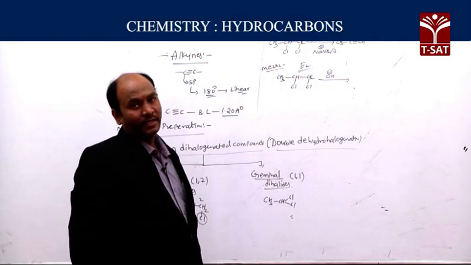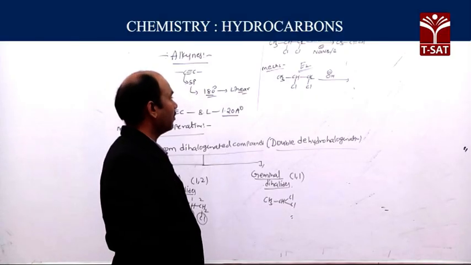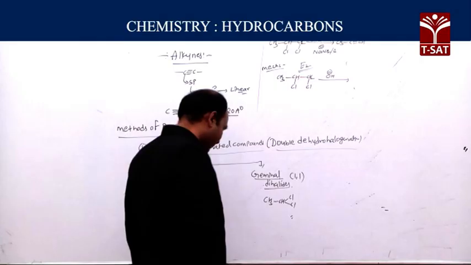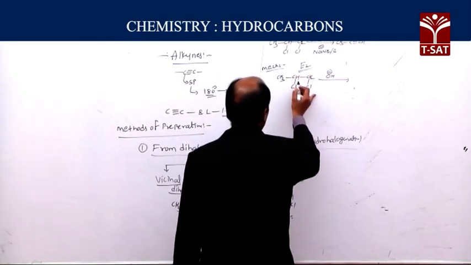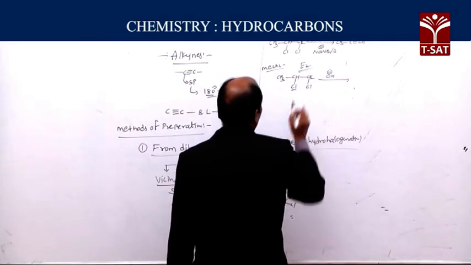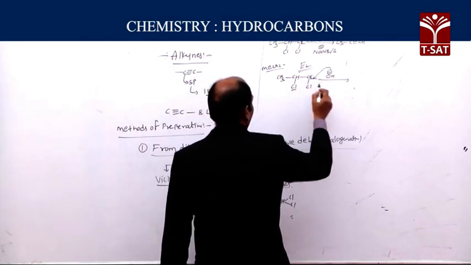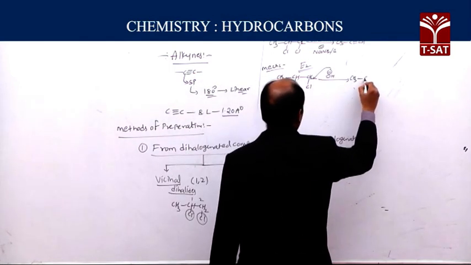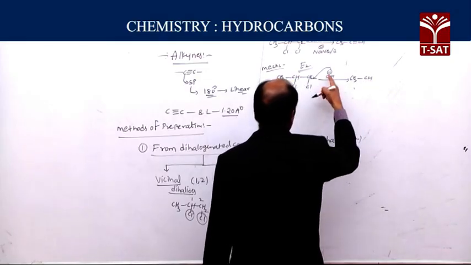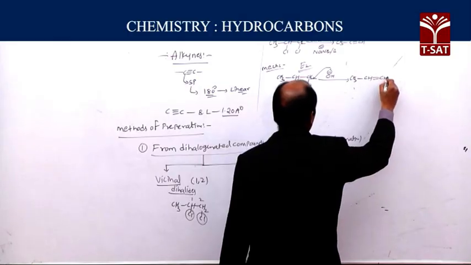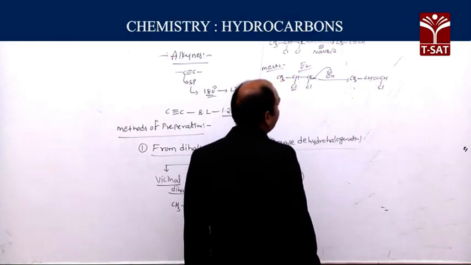We are using strong bases, OH minus and NH2 minus, and strong bases follow the E2 mechanism. With respect to Cl, this hydrogen is beta. OH minus abstracts this proton, and we get CH3CH double bond CHCl.